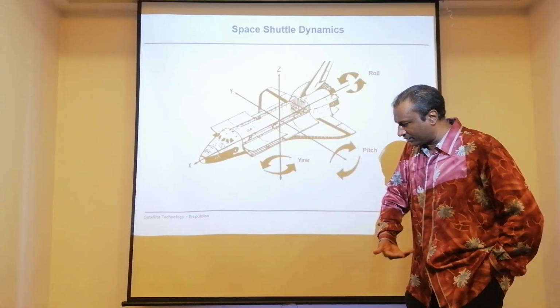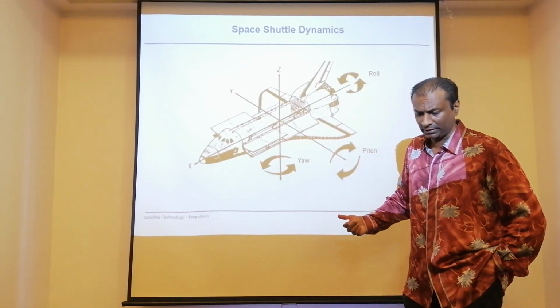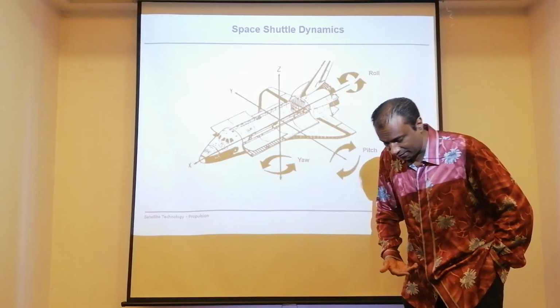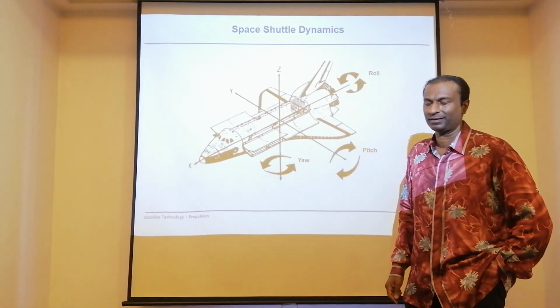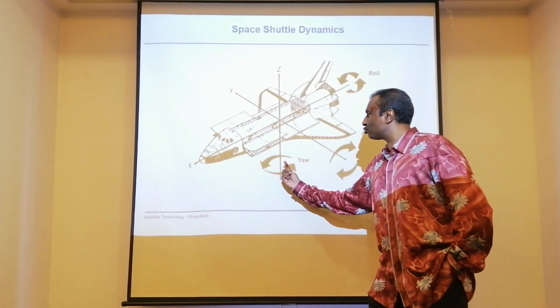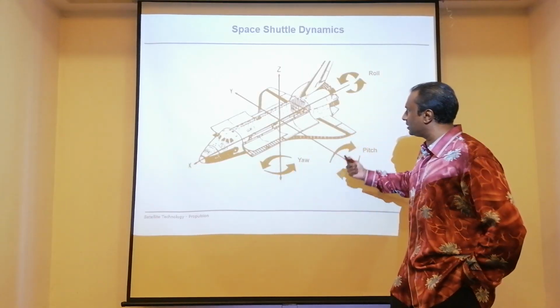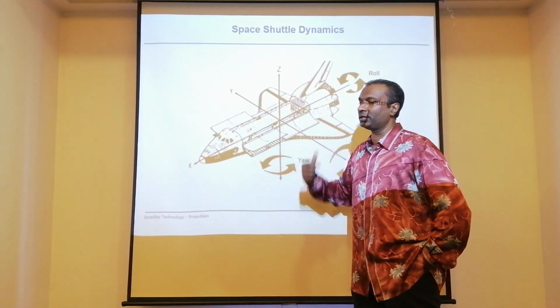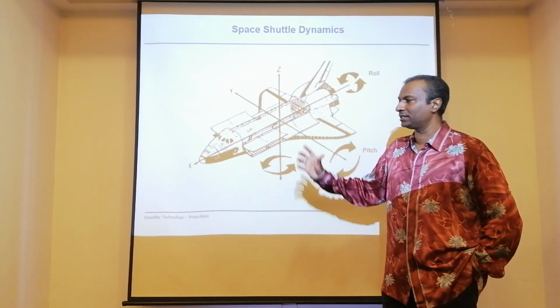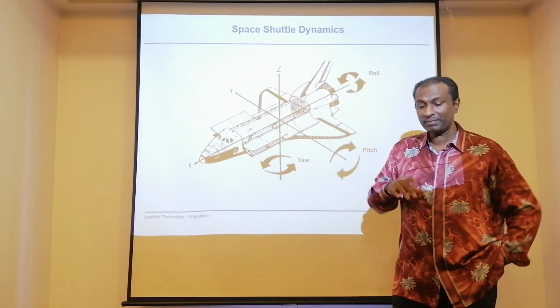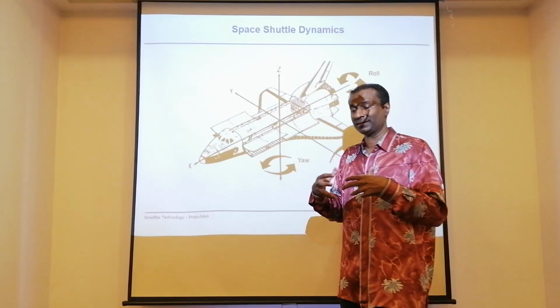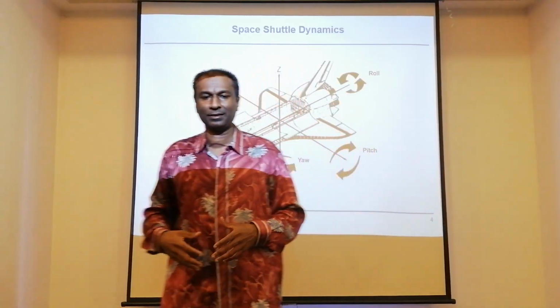So the belly of the space shuttle is always looking at your planet Earth. A rotational motion along these axes is what we call the attitude axes. To do this in a satellite, we must have something rotating inside the satellite. We will see that in the next chapter.